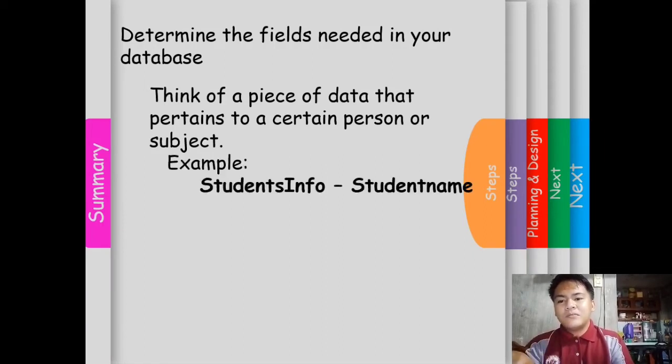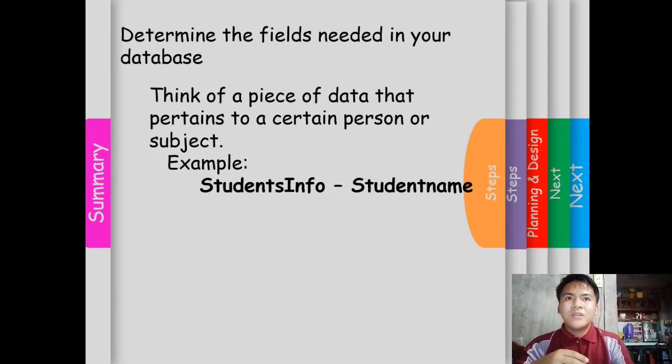For example, kung sabi ko nga kanina, we're going to create a student information and based on our objective, we're going to construct or identify our field name. So, from the word itself, student information, we can now identify our first field name as student name.